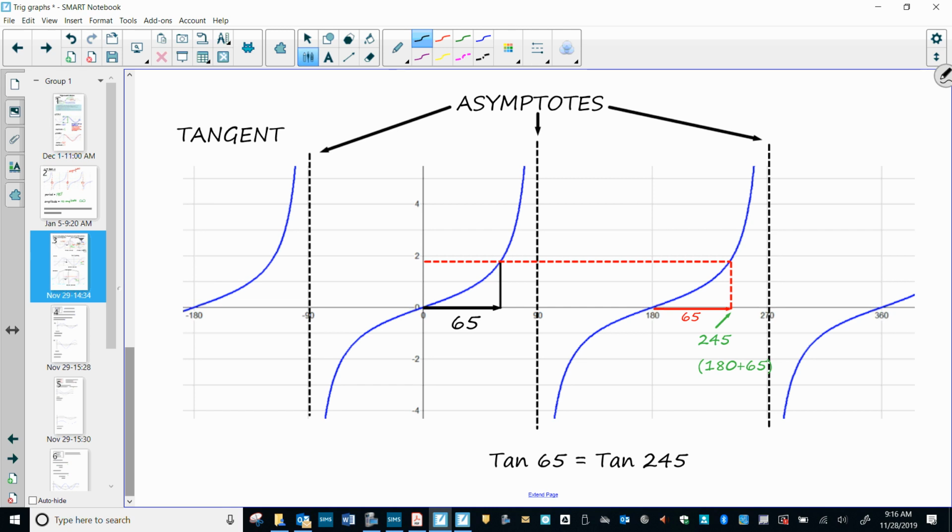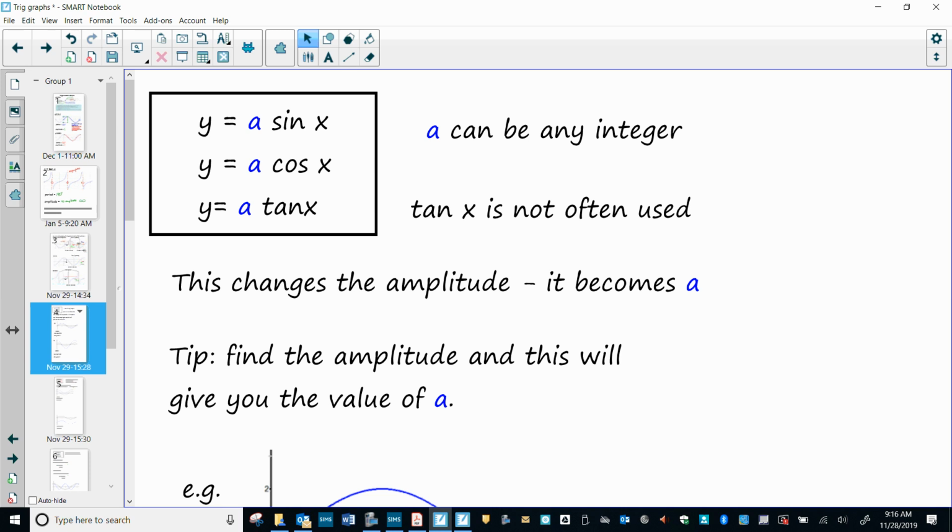So there's no symmetry in this. So if we've got tan 65, then the next one is going to be at 180 plus 65. So for the tan graph, you're just always adding 180 to your values. So tan 65 is equal to tan 245. Whew, that was actually not so bad.